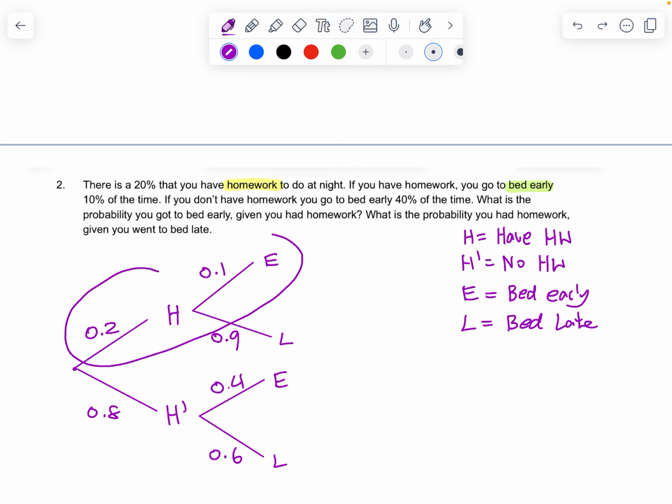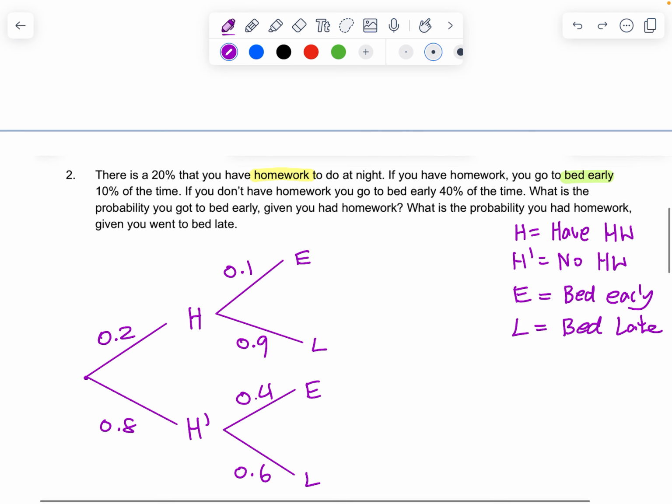And so again, what we want to do when we have a tree diagram is multiply everything because it helps with visualization. So 0.2 times 0.1, you get 0.02. 0.2 times 0.9, you get 0.18.